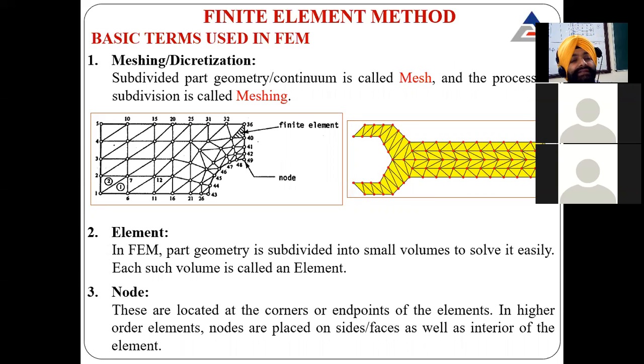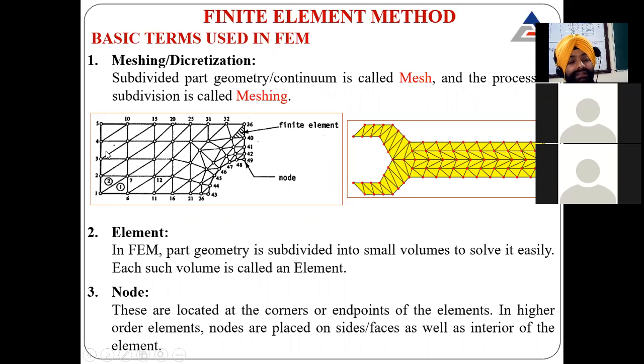Meshing is subdividing the part geometry or continuum, and it is called a mesh. As you are able to see, a figure is being divided into a number of small triangles. This is the finite element, and it is called mesh.